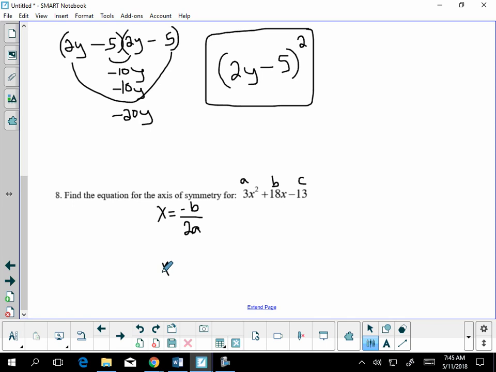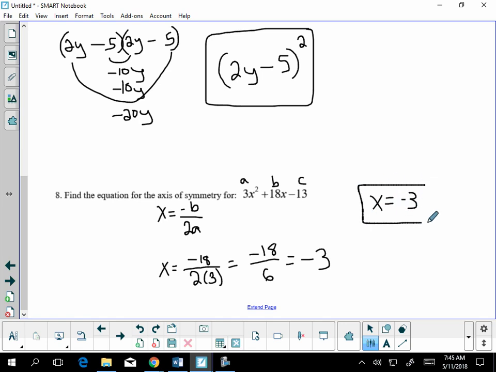So x equals negative 18 over 2 times 3, which is going to give me negative 18 over 6, which is negative 3. So x equals negative 3. And remember, that's an equation of a line that is vertical, so we have to have x equals.